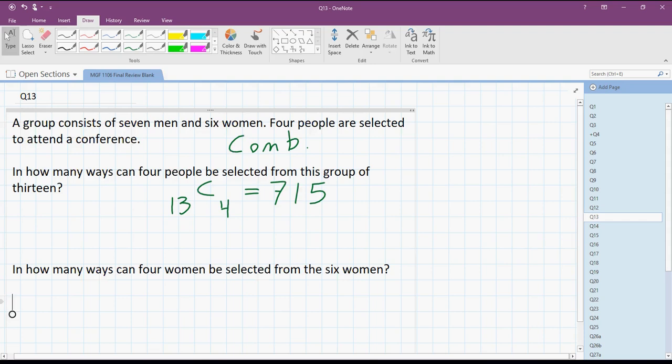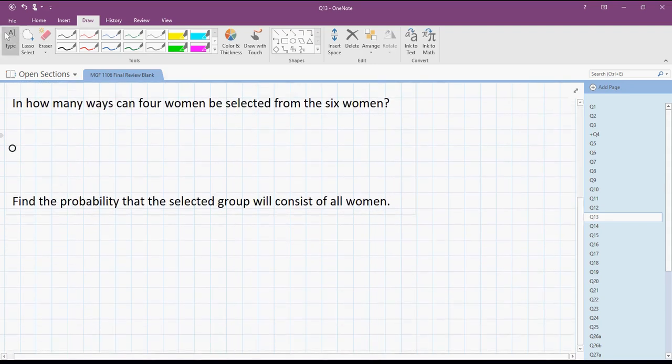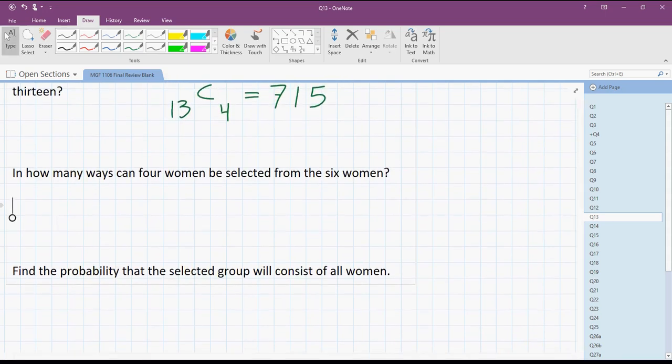Okay? Now, down here it says, in how many ways can 4 women be selected? 15? And how'd you get that? With the combination of 6 and 4. So 6C4, because there are 6 women total, and I'm choosing 4 of them, and you said it's 15?